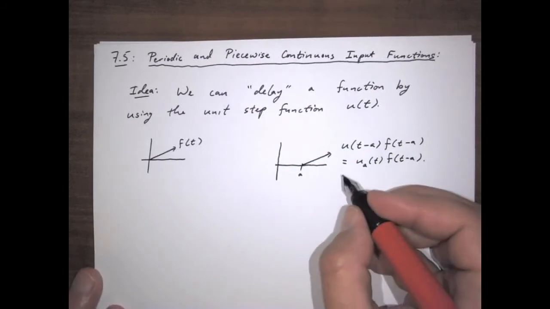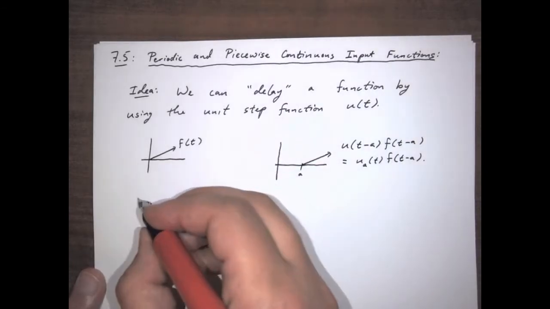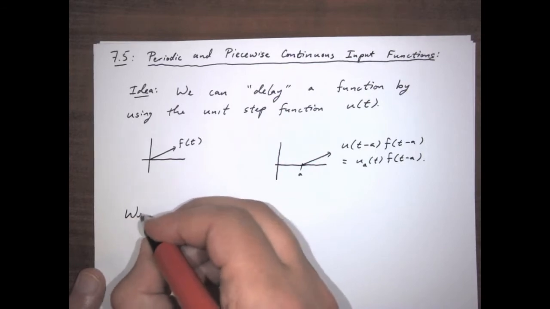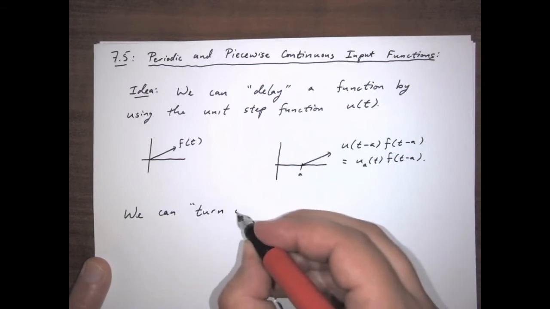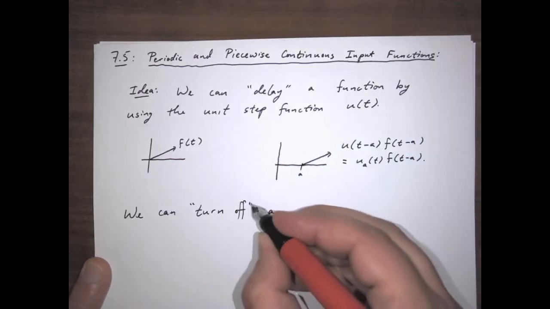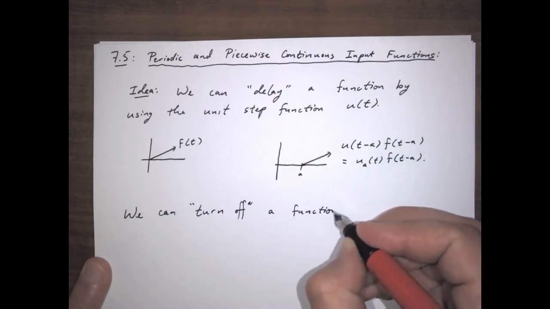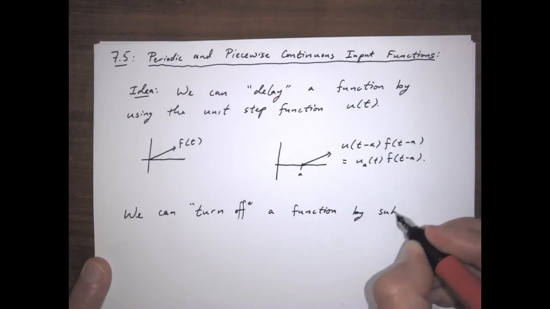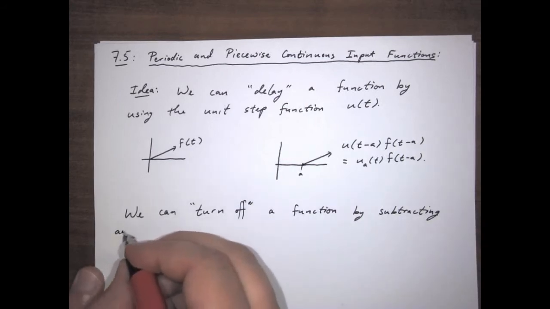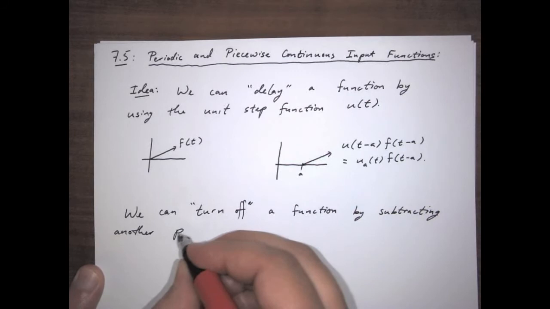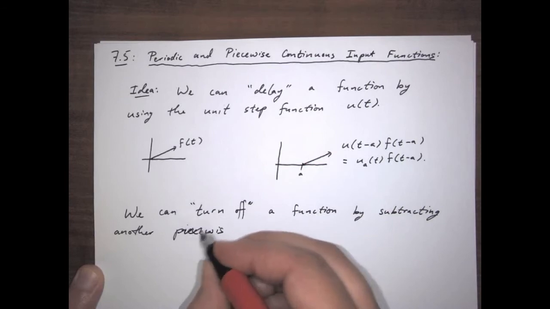Now that's all well and good. We can delay the onset of a function, but we can also actually turn it back off and only get a section of the function. So we can turn off a function by subtracting another unit step function.